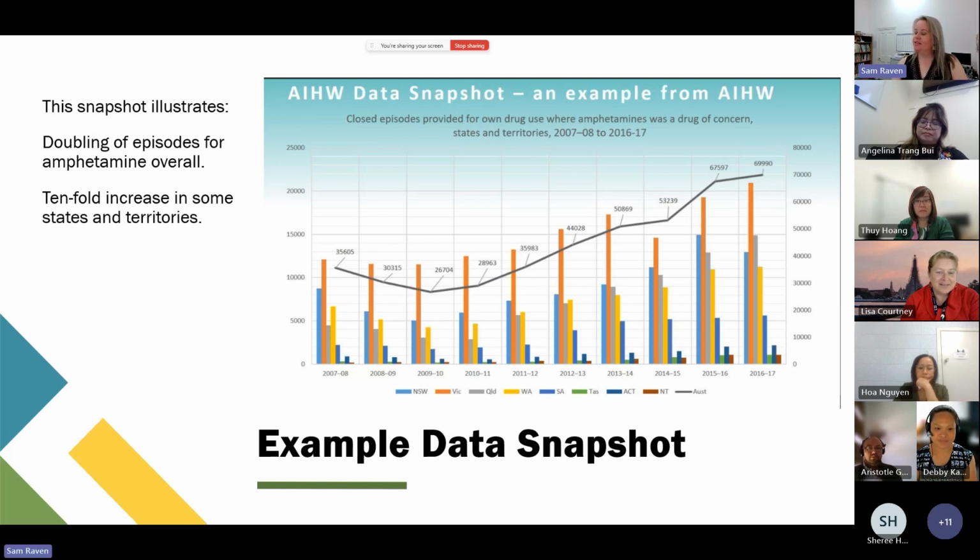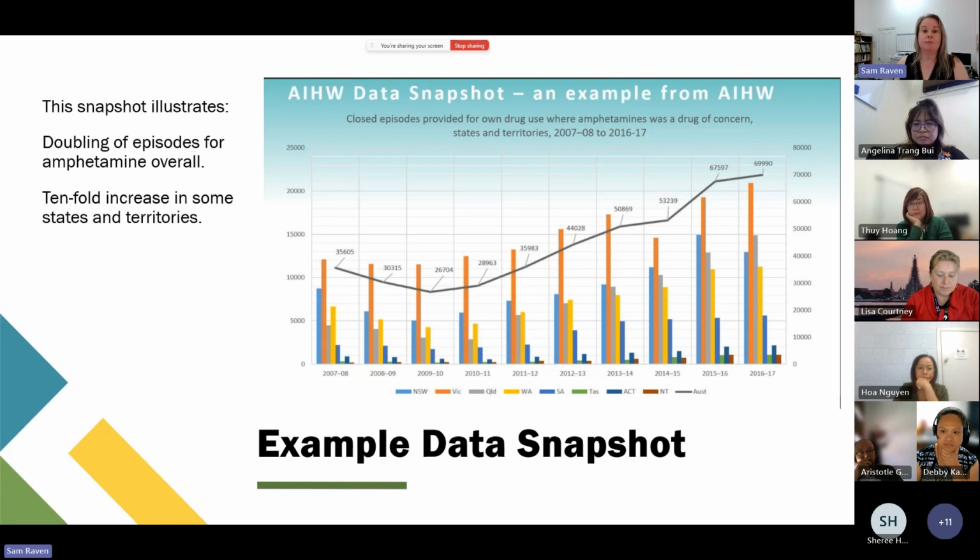And just looking at this graph quickly, we can see quite obviously that there was quite a trend within that decade. And it actually represents kind of a doubling of episodes for amphetamine overall between 2007 and 2017. So that then tells us that there's something changing, that there's something shifting, and that might require more research.